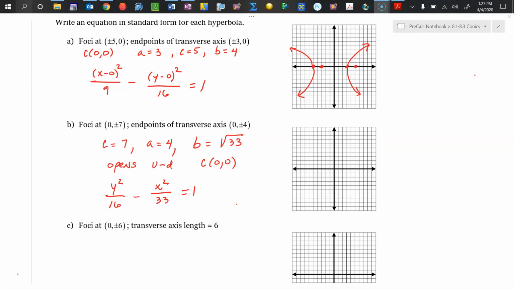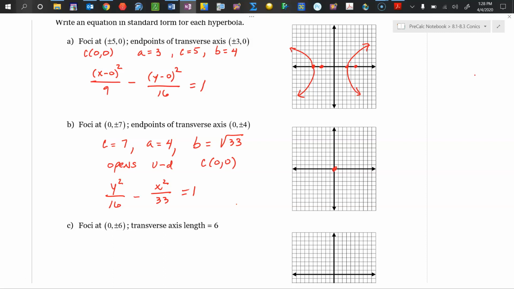All right, so you can see that looking at the information about the focal points, they are 14 units from each other, which means that the center is located right in the middle of that, which would be at the origin 0, 0. And so we know that C is equal to 7. The ends of the transverse axis, those are the points on the hyperbola, are 4 units away from the center, so A is 4.